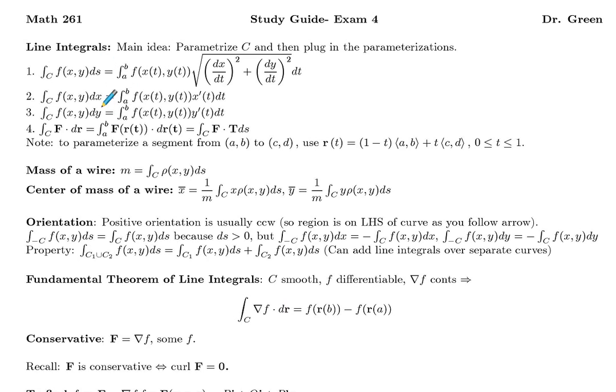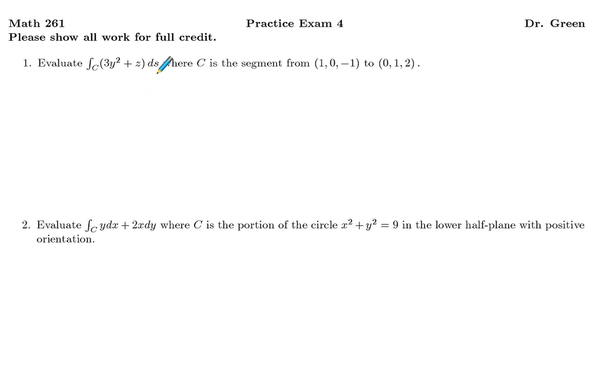So if it had one of these two forms, we could think about using the fundamental theorem of line integrals, but we're just going to use the definition. Okay, so our ds here is the square root of (dx/dt) squared plus (dy/dt) squared.